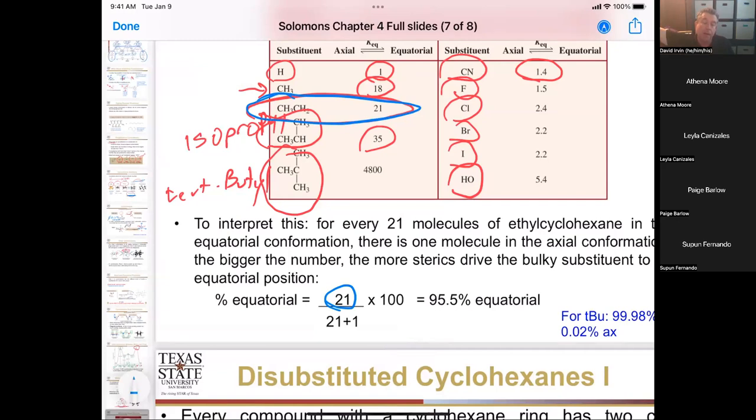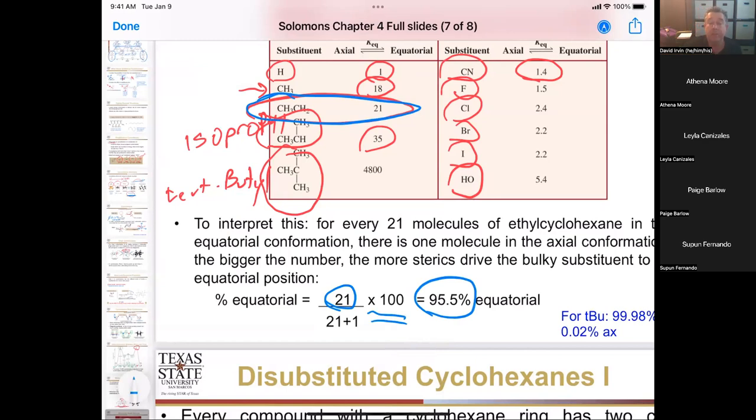There's a total of 1 in the axial for every 21 in the equatorial. So that's 1 axial plus 21 equatorial equals the total number of chair conformations, which means that if we do our percentages, 95.95% of the time, that ethyl group is going to be in the equatorial position.